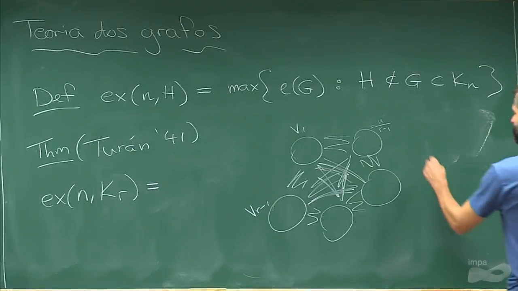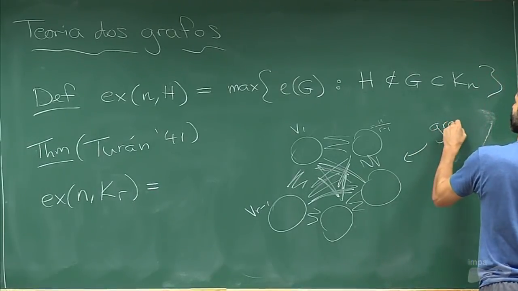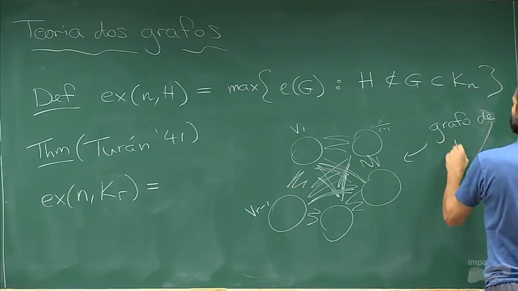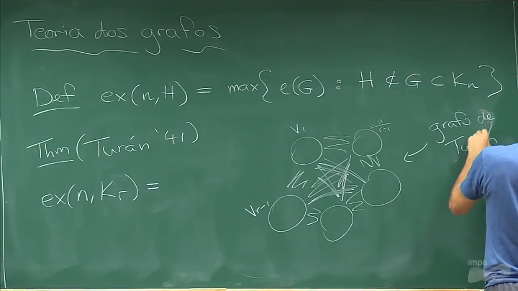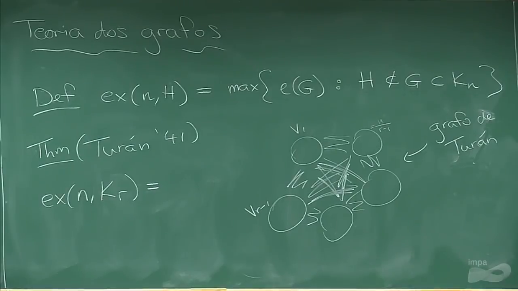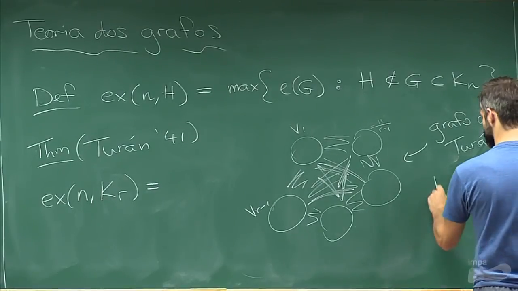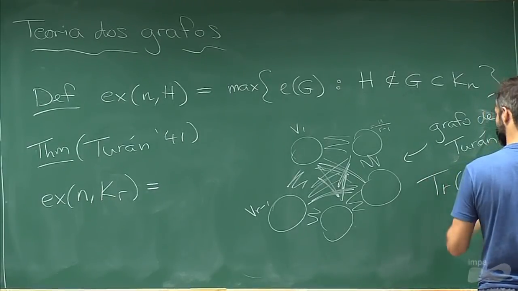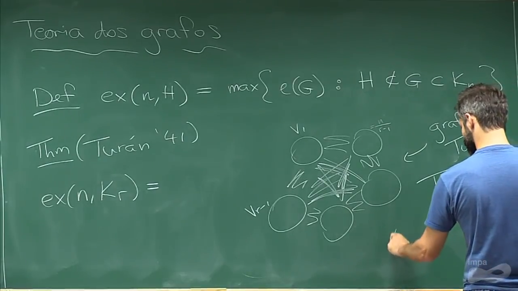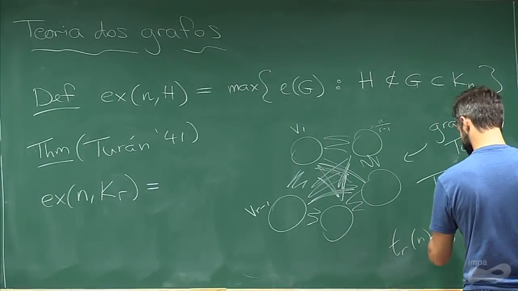This is called the Turán graph. It's called T_r(n), and the number of edges is little t_r(n).